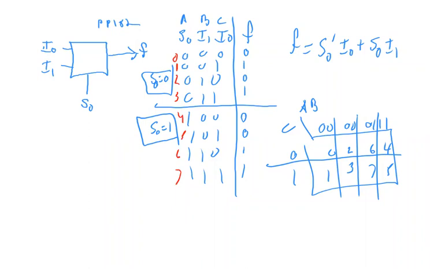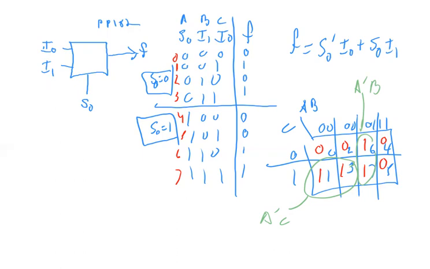And then we see F is going to be a 1 for 1, 3, 6, and 7. And otherwise it's 0. And now if we want to loop, we can loop in here. And what do we get? A prime C. And we can loop in here, and we'll get A prime B. Is that right? Looks all right to me.